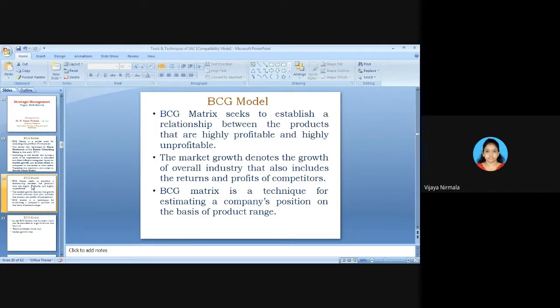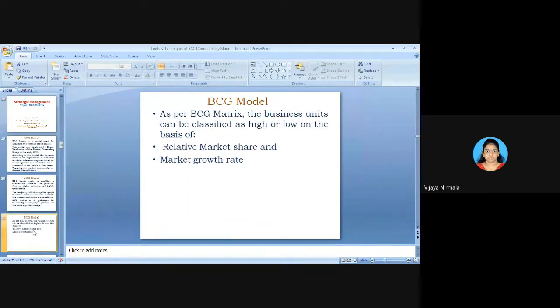That can be analyzed through this BCG matrix. It not only estimates the company's position based upon the product range, but also where we can invest and where we should divest. So that is very important.